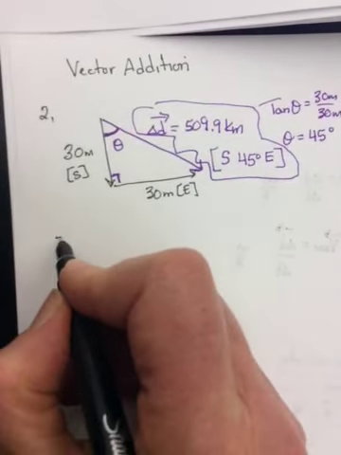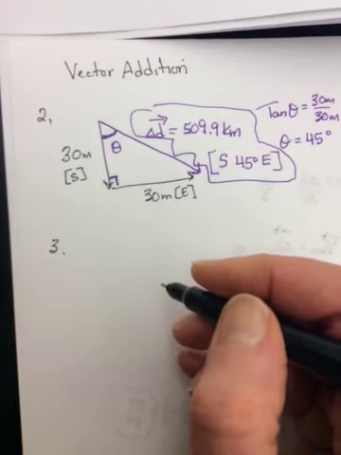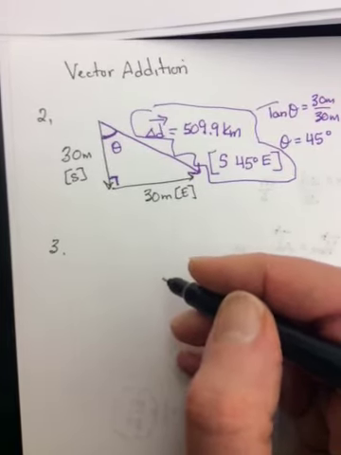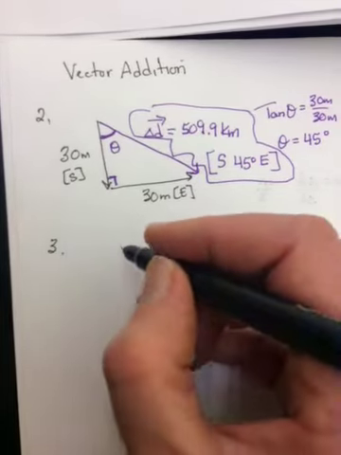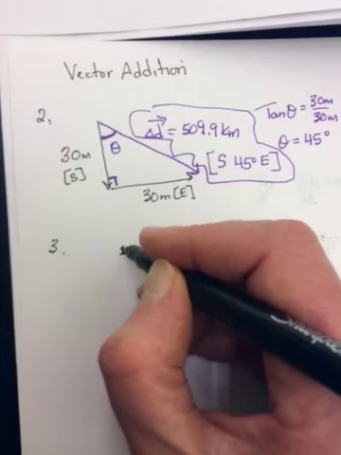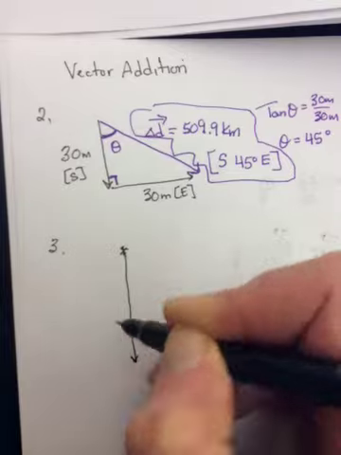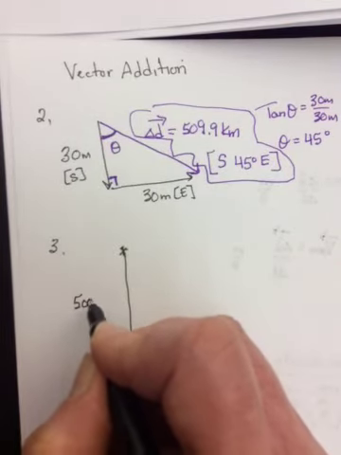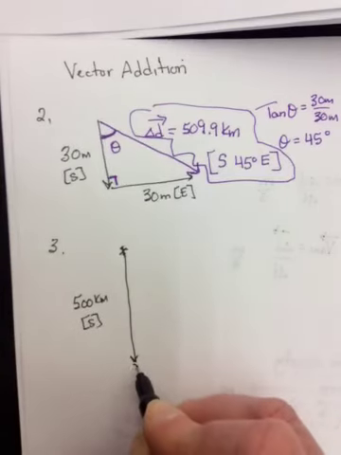Number 3. In number 3, a ship leaves a home port expecting to travel 500 kilometers due south. Before it can move, a severe storm comes up and blows it due east. Okay, so this ship is here, and it wants to go 500 kilometers south to a port down here.